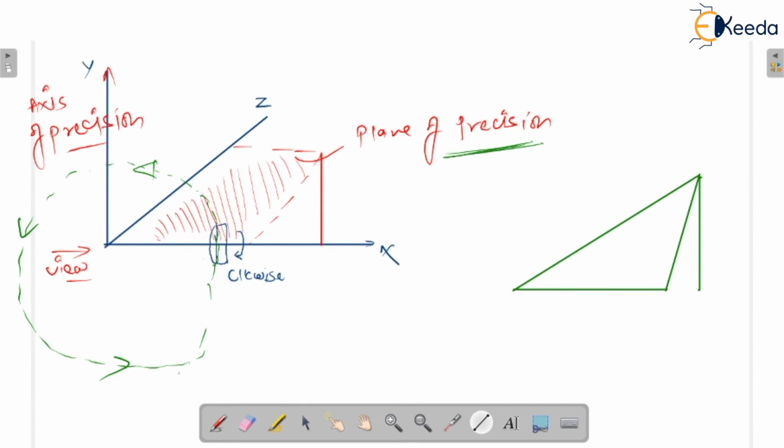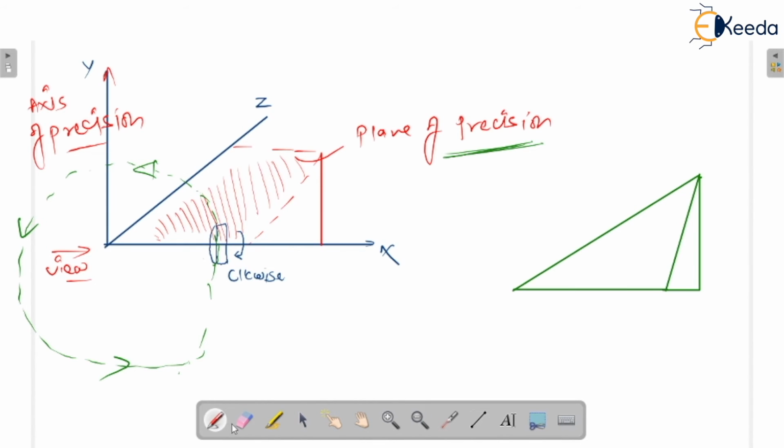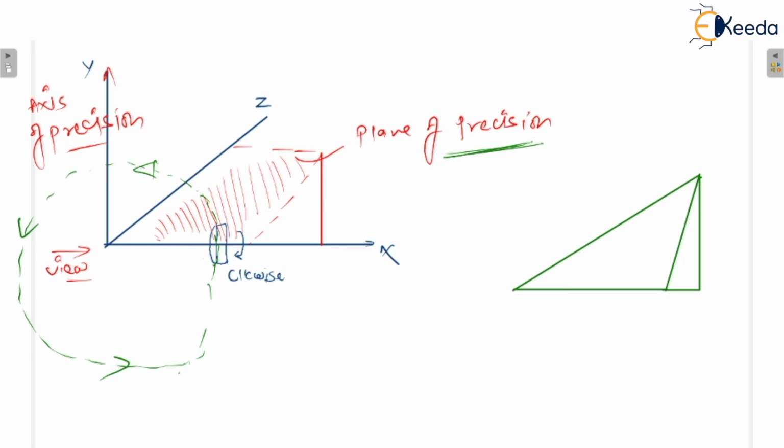Why am I explaining the axis of precession and the plane of precession? Because we are going to study the concept of angular acceleration. Here you are able to see that this is the rotation of omega clockwise, when you look at the body from this direction.